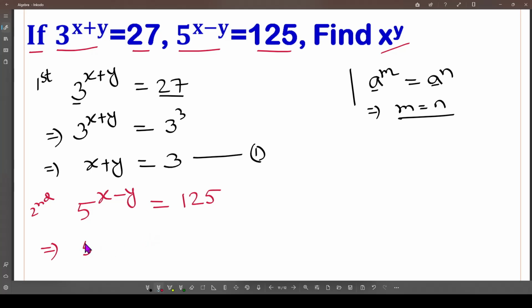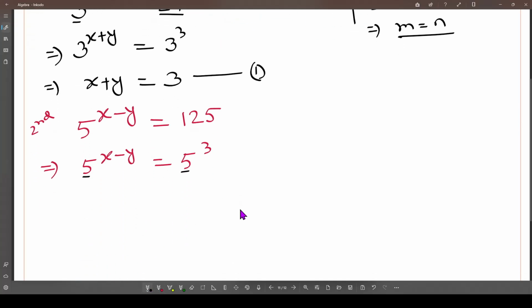Therefore 5 to the power x minus y equals 125. 125 means 5 cube. So here the bases are the same, so we can write x minus y equals 3. Okay, so this one is equation 2.